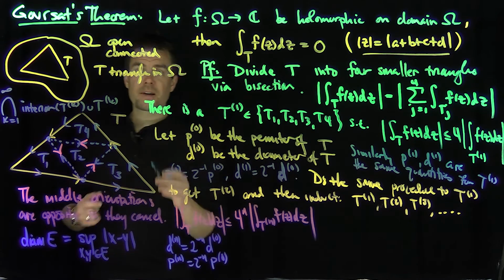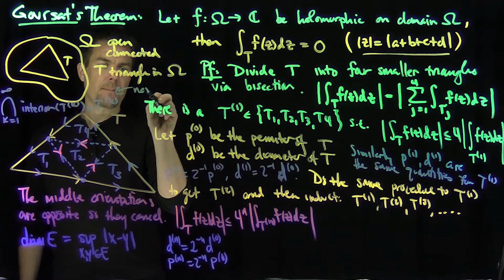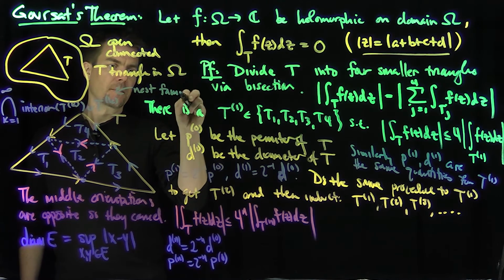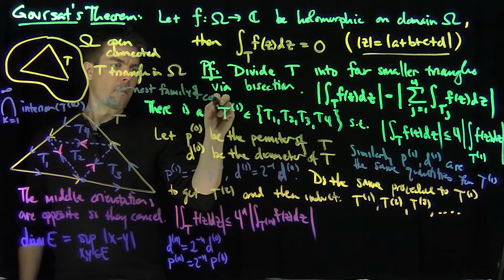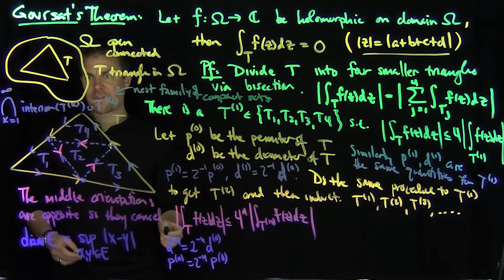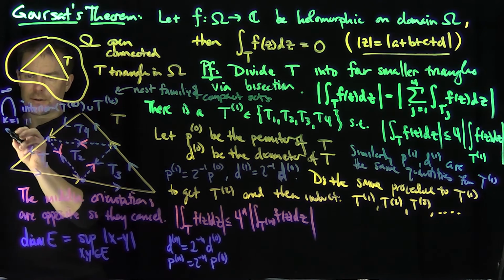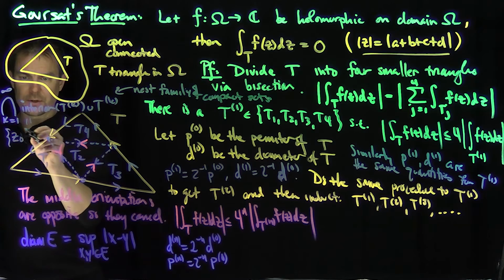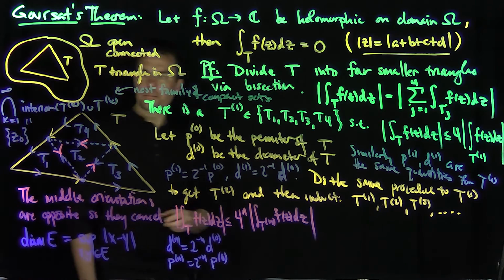It's a nested family of compact sets. And that nested family of compact sets, by the Cantor theorem, converges to a single point in the metric space. Call it Z0.